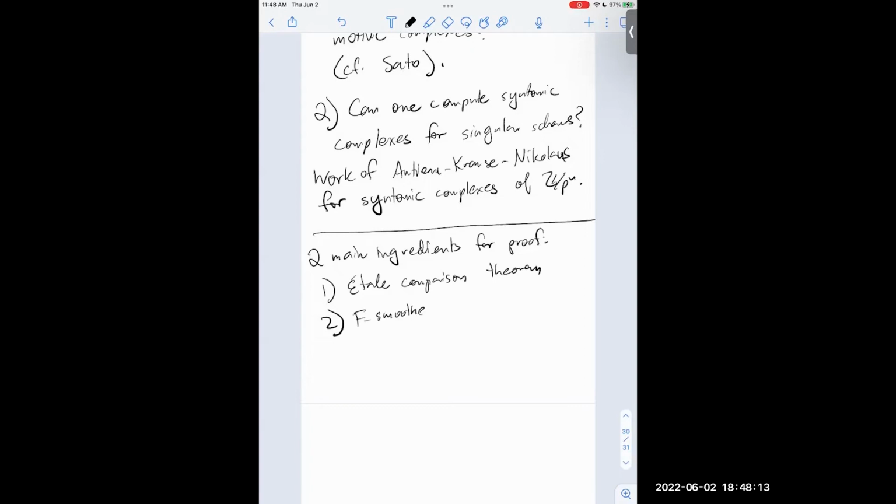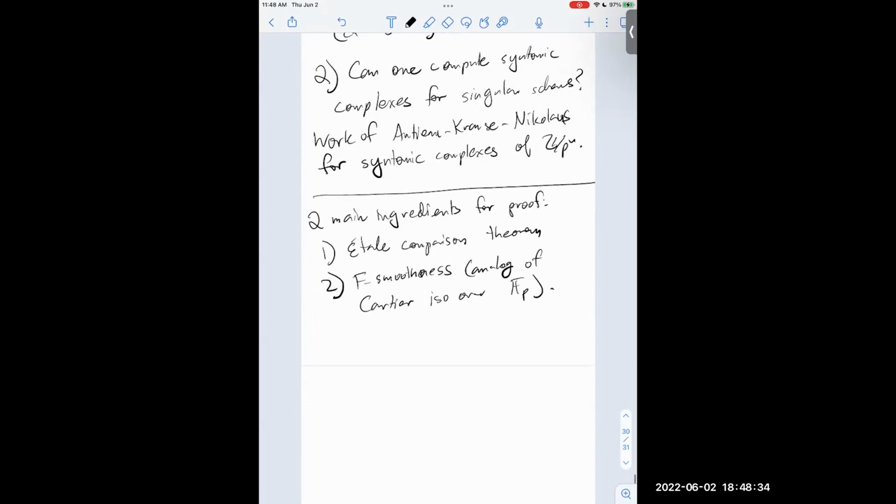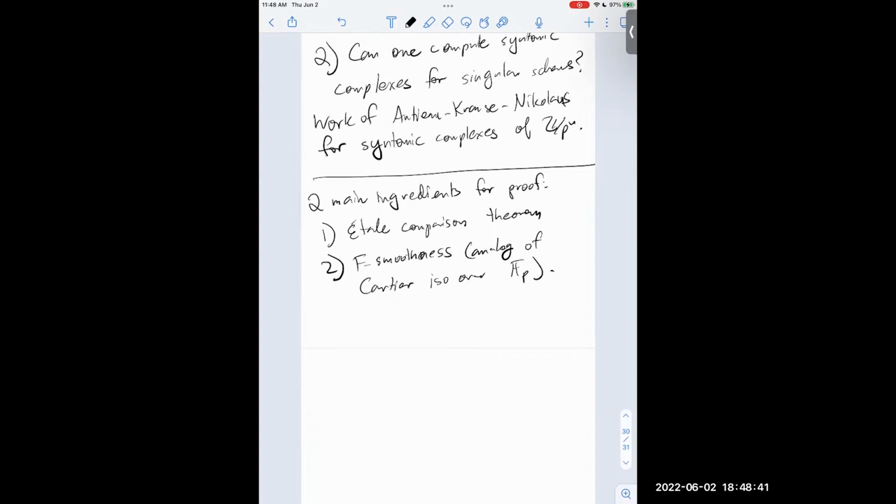And this is essentially some analog of the Cartier isomorphism for smooth F_p-algebras, for regular schemes in mixed characteristic. So I was planning to talk about F-smoothness tomorrow. So for the rest of today, I wanted to talk about the comparison theorem in the context of syntomic cohomology. Okay.